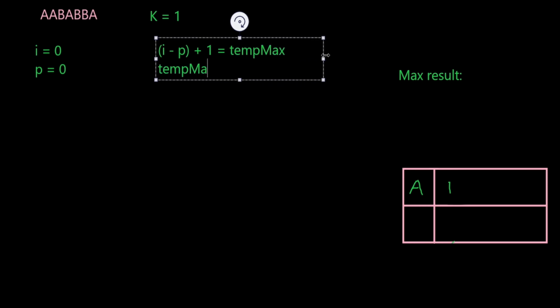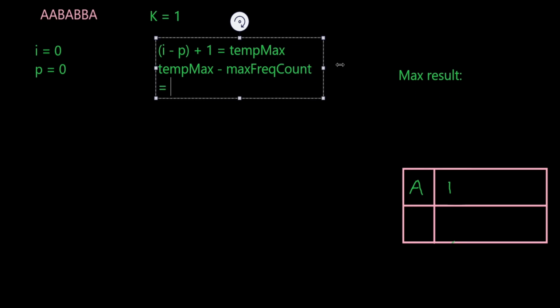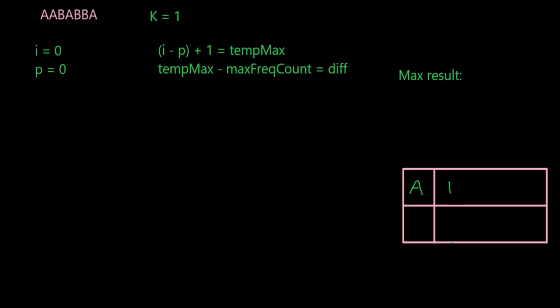Using the temp max, we subtract the max frequency count, and this gives us the difference, which tells us how many characters we need to replace. Using this formula, our temp max is 1, and the max frequency is 1, which gives us 0.